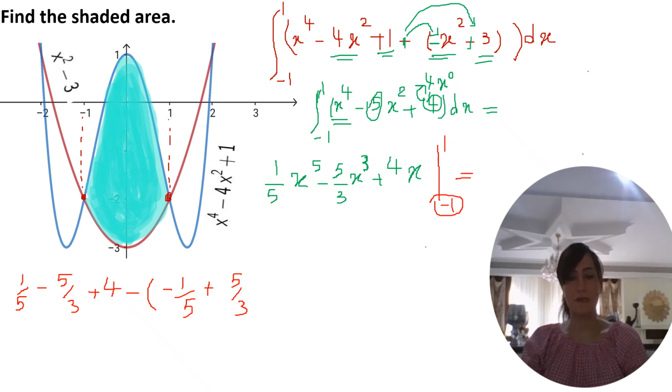Now for the next one, -1 times 4 gives me -4.